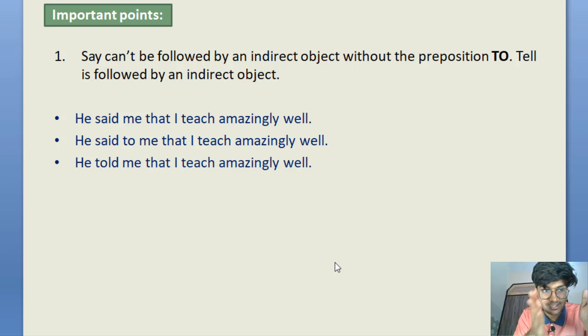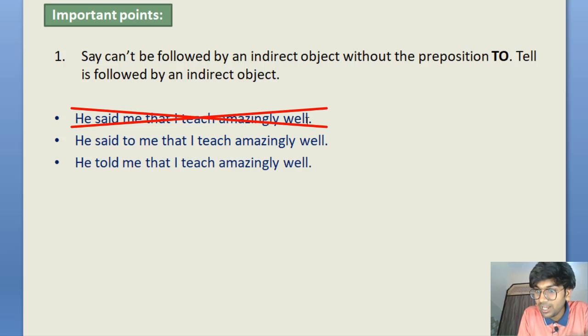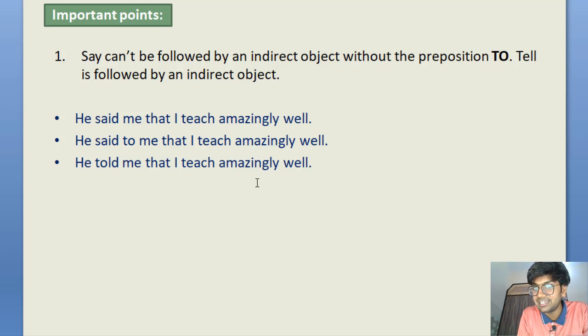It's always say to indirect object. He said to me, he said to him, he said to you. Okay, so this is incorrect: He said me that I teach amazingly well. Incorrect. He said to me that I teach amazingly well. Or he told me that I teach amazingly well. Point number 1, a lot of people make mistakes here.